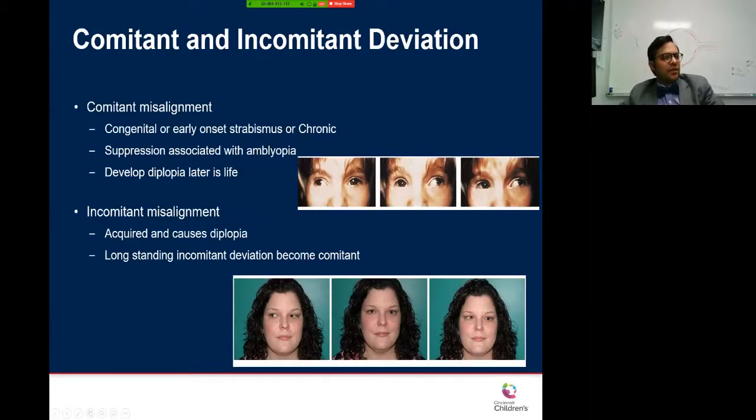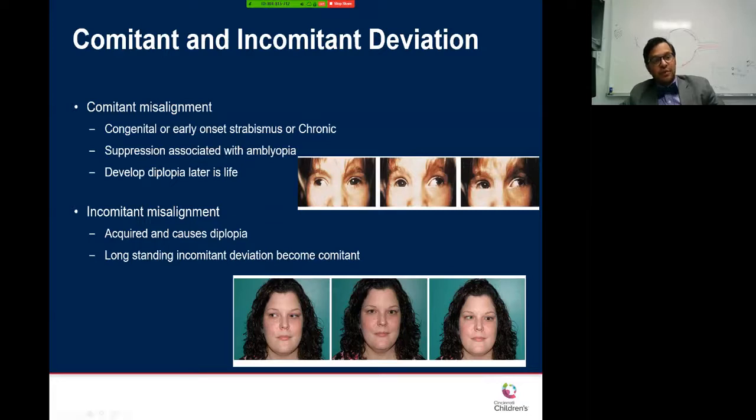Right here, if you look at this female, she's straight on when she looks in primary. Primary is right in front of you, okay? When she looks to her right, she's fine. She has no double vision when she looks in her right gaze. However, in her left gaze, she's seeing significant double vision. That's because the deviation has changed.